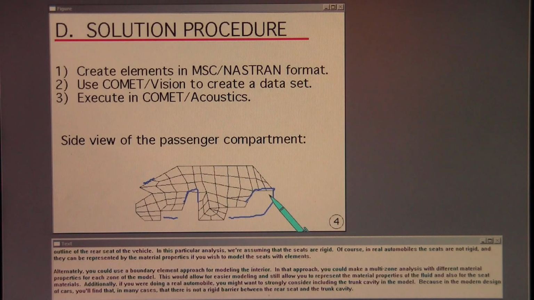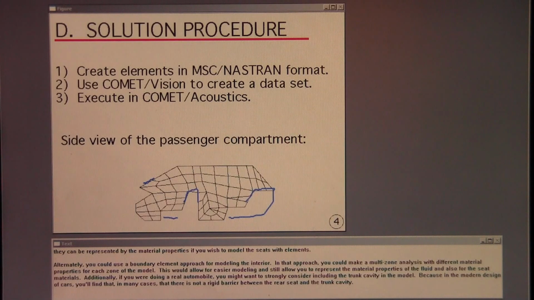Additionally, if you are doing a real automobile, you might want to strongly consider including the trunk cavity in the model, because in the modern design of cars, you'll find that in many cases there is not a rigid barrier between the rear seat and the trunk cavity.